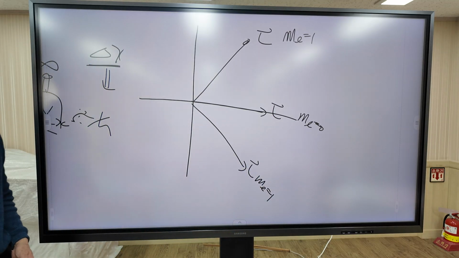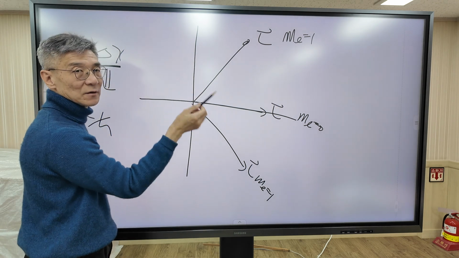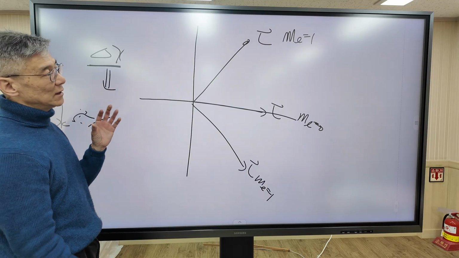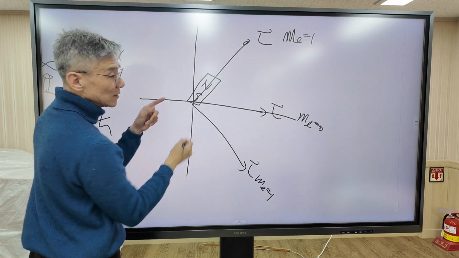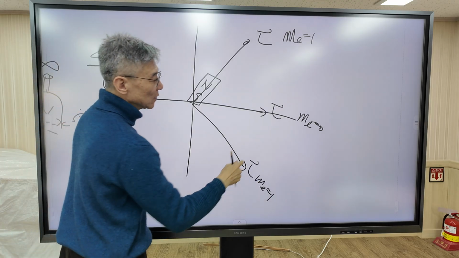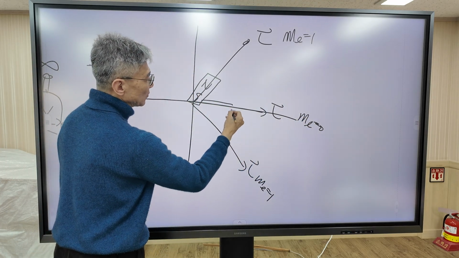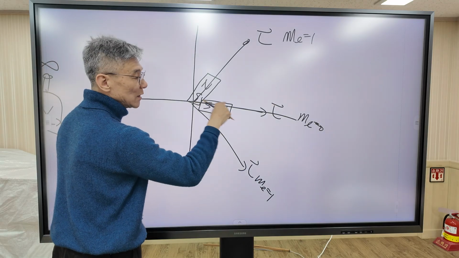When the electron rotates around this axis, it generates a magnetic field. So the electron can be thought of as a tiny magnet oriented in this direction. For an electron in the m equal 0 state, the electron behaves like a small magnet oriented in this direction.